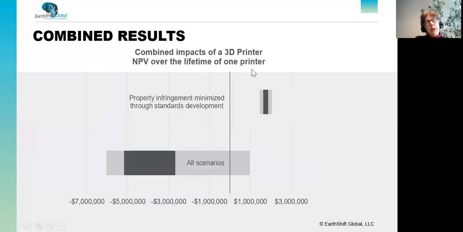But if we minimize that impact of property infringement, we have a nice positive social and environmental return on investment. So a good sustainable return on investment from that 3D printing technology.